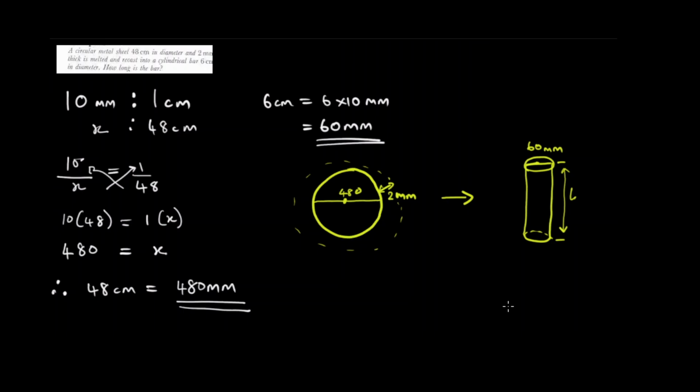When we melt it, we convert it from a solid to a liquid, but the volume remains the same. That is the principle. The volume we calculate for the metal sheet is going to be equivalent to the volume of the cylindrical bar. If we equate them, we are sure to get the answer.